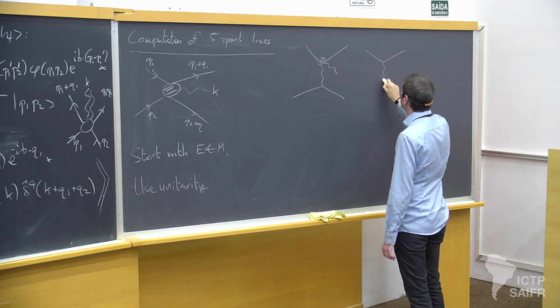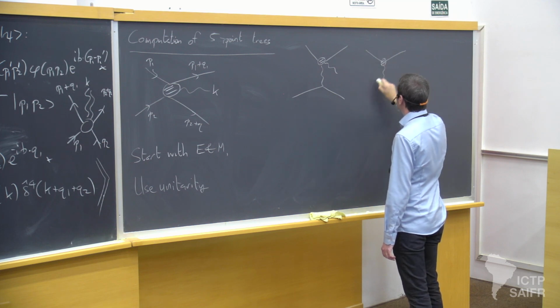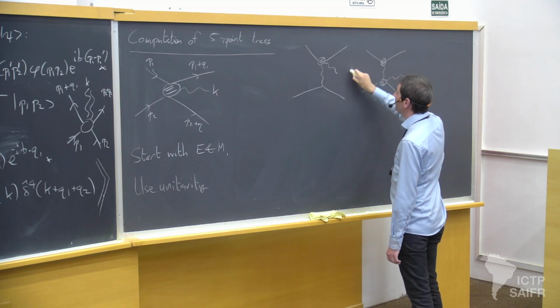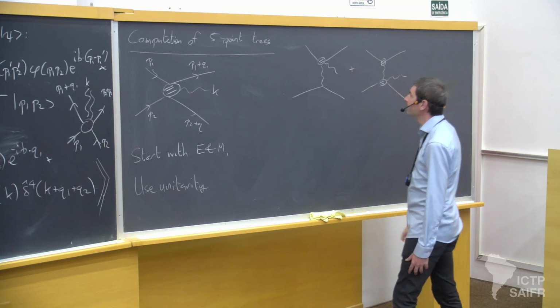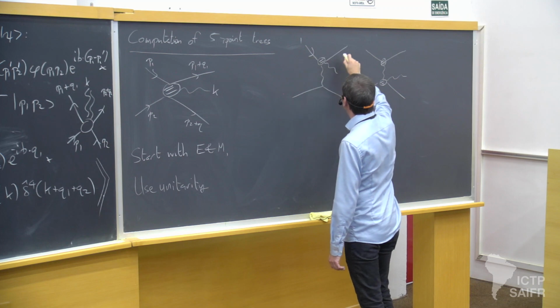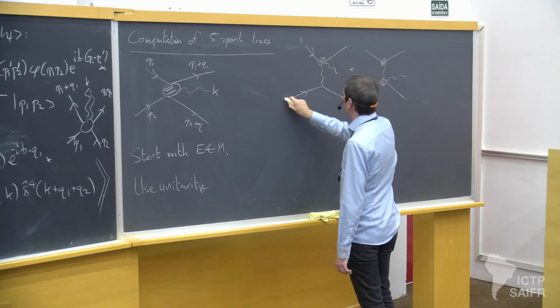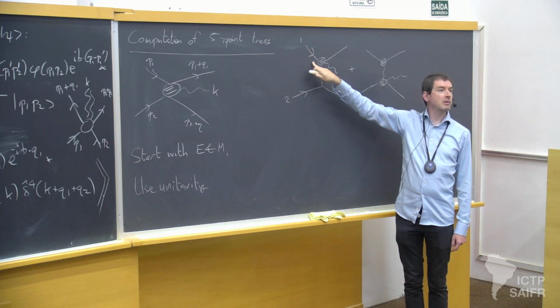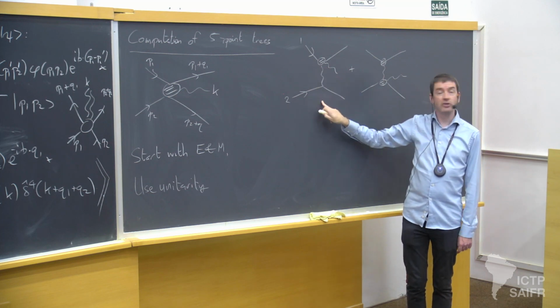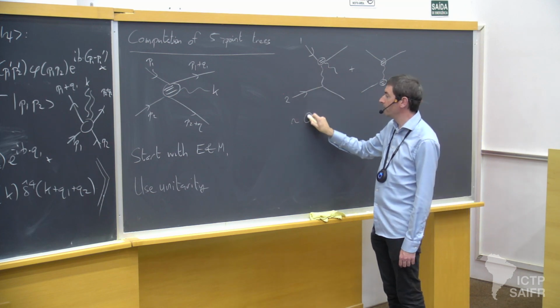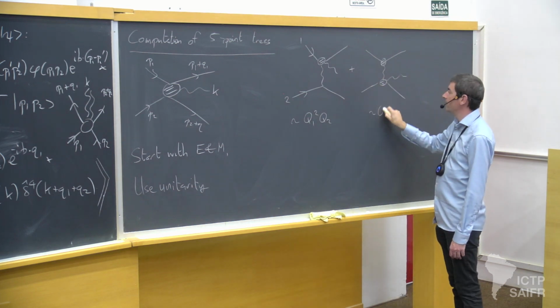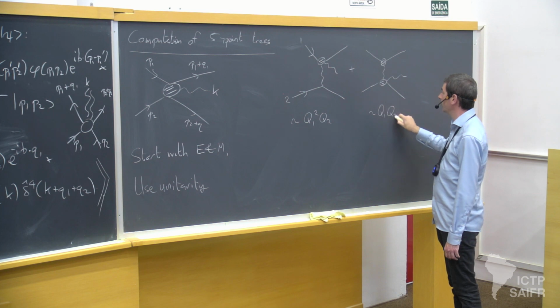And there's another diagram which looks like this. You can literally add these in E and M. So if this is particle 1, this is particle 2. This term here involves a Compton amplitude of particle 1 and a 3-point amplitude of particle 2, so it is order Q1 squared, Q2. This one, on the other hand, is order Q1, Q2 squared.